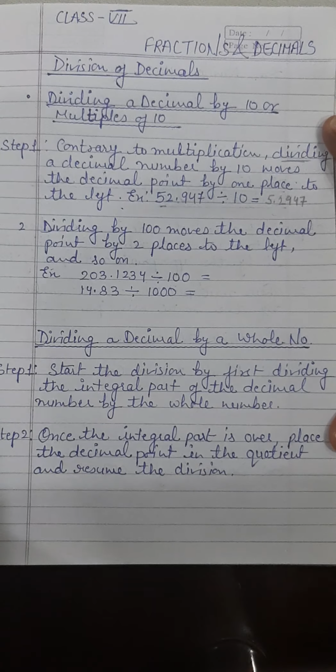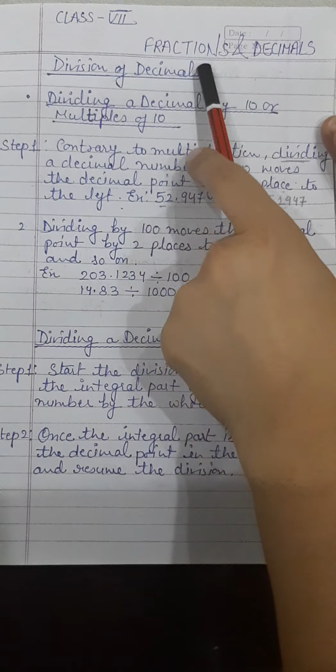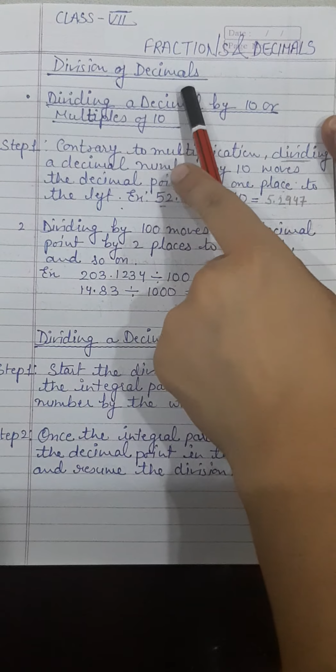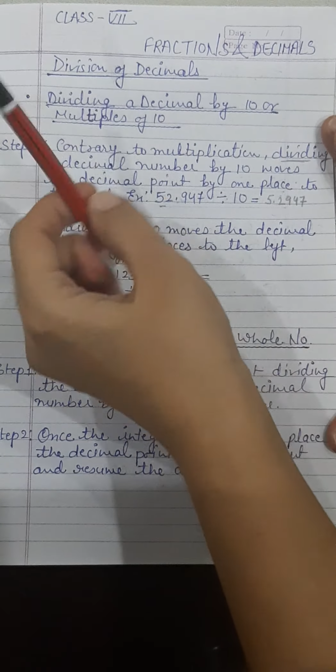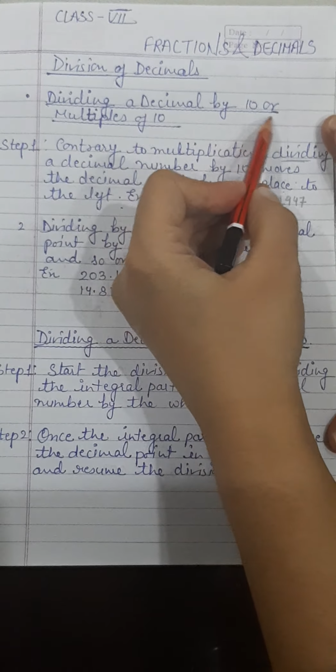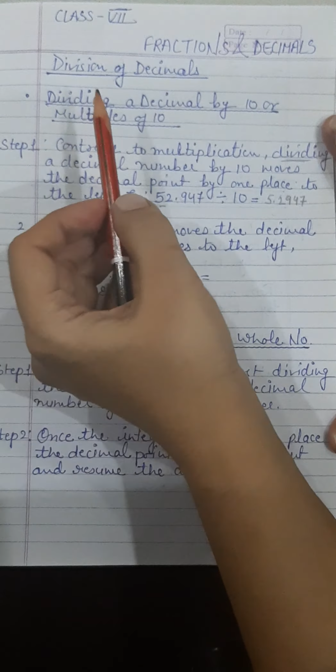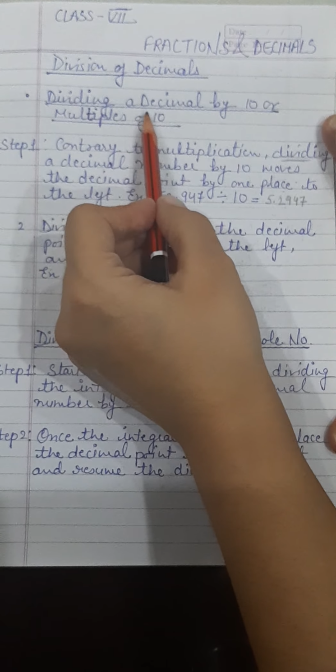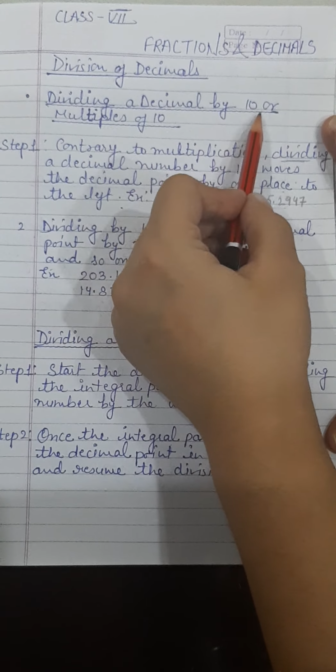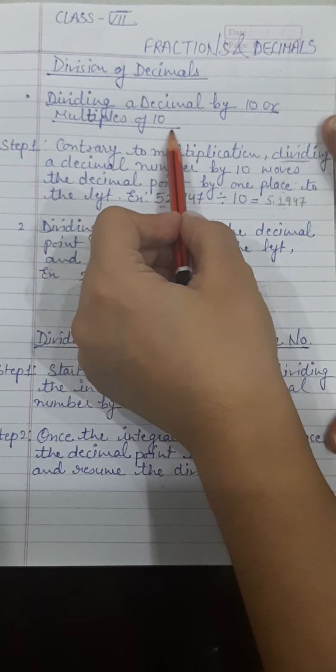Right, so now come to the topic. Same chapter, fractions and decimals, division of decimals. First point, dividing a decimal by 10 or multiples of 10. Yesterday we have done multiplication of a decimal by 10 or multiples of 10.